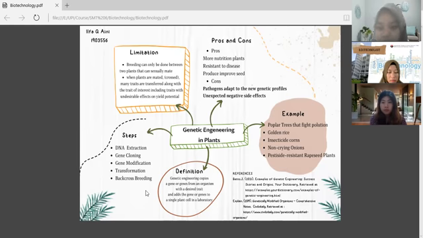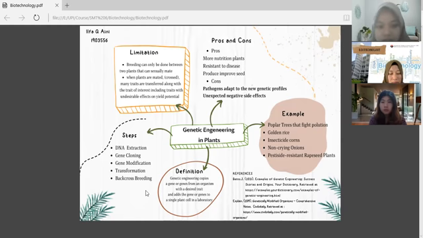Besides the many examples of the products of genetic engineering in plants, there are also pros and cons of doing genetic engineering in plants. So the first pro is more nutrition in plants.